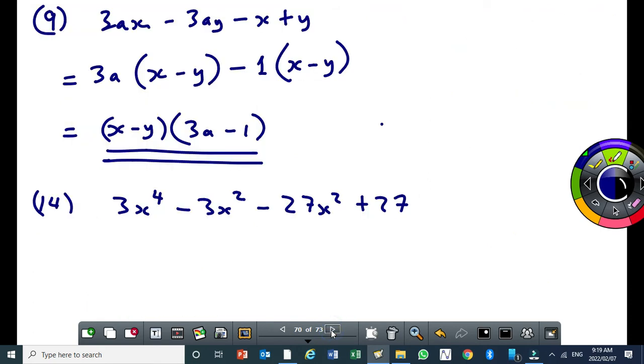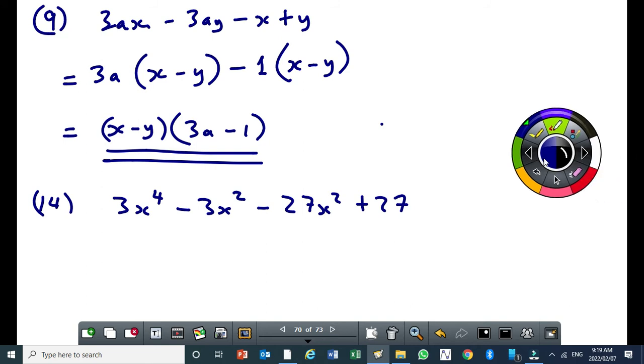So first thing, obviously the second term and the third term are like terms. So you need to simplify that first. That's my suggestion. So the question becomes 3x to the power of 4 minus 30x squared plus 27.